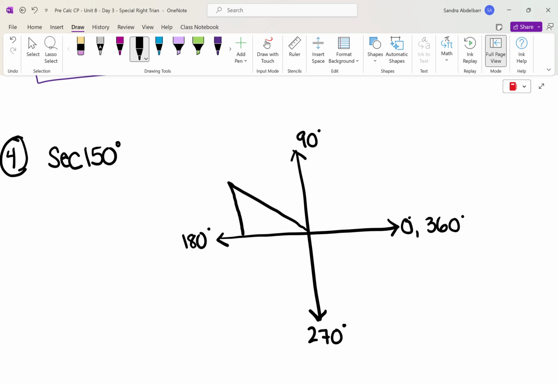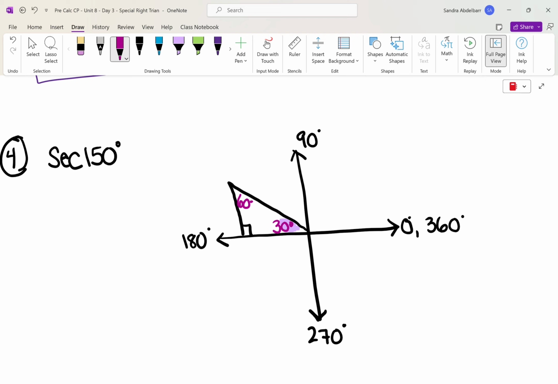Quadrant 2. So I'm going to drop my perpendicular. Obviously, we need this angle right in here. So what should I do? 180 minus 150, which is going to be 30. So we're dealing with a 30, 60, 90.